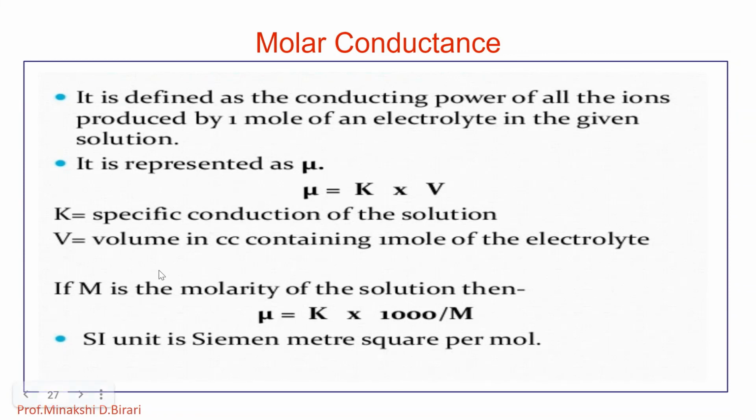If M is the molarity of the solution, then mu is equal to K into 1000 divided by M, where M is molarity. Now what is the SI unit? SI unit of molar conductance is Siemens meter square per mole.